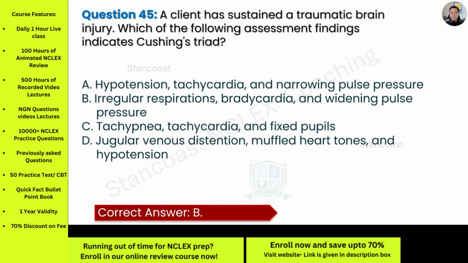Again, Cushing's triad is basically associated with increasing ICP. However, Beck's triad is associated with cardiac tamponade, and we also have the manifestations of shock or hypovolemia. So make sure that you differentiate those manifestations.